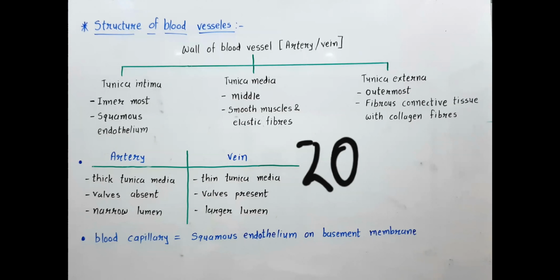For a while, if we keep aside the capillaries, for the remaining four, that is artery, arterioles, venules and veins, there is a common plan of their structure. They all are tubes with lumen surrounded by the wall, and in this wall there are three layers. Let me show you and explain the same.